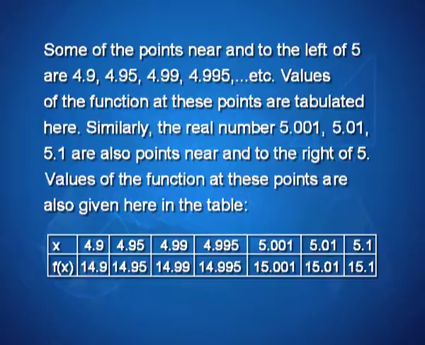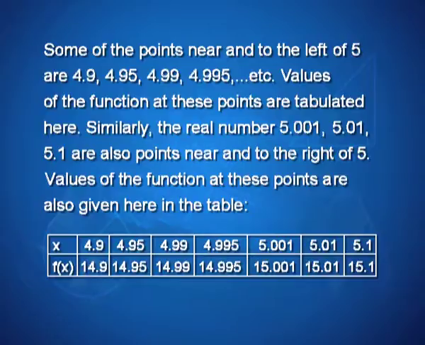Similarly, the real numbers 5.001, 5.01, 5.1 are also points near and to the right of 5. Values of the function at these points are also given here in the table.